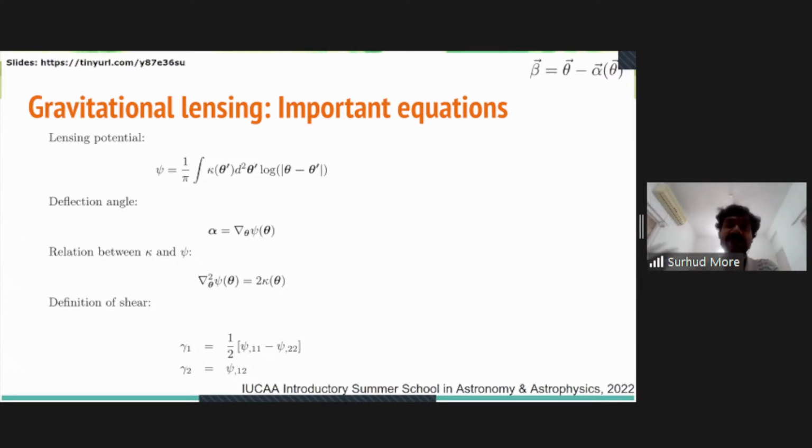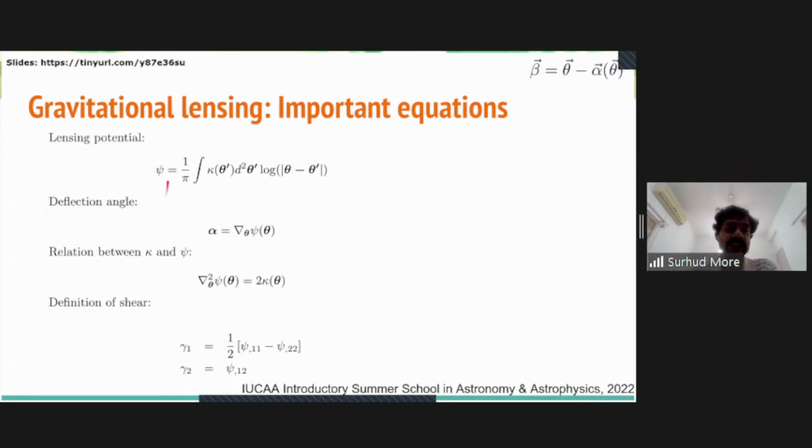So it's a geometric factor, in addition to constants like c squared and G. You combine these distances and the fundamental constants, and you get a surface density. That surface density is called the critical surface density. So kappa is just sigma divided by sigma critical, and using this particular equation, you can define something called the lensing potential.